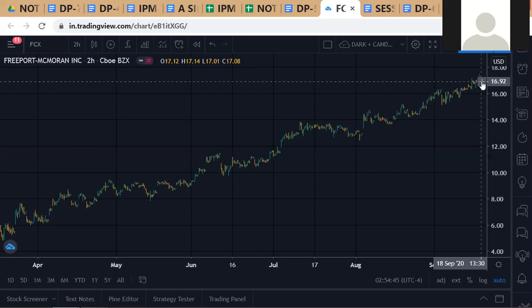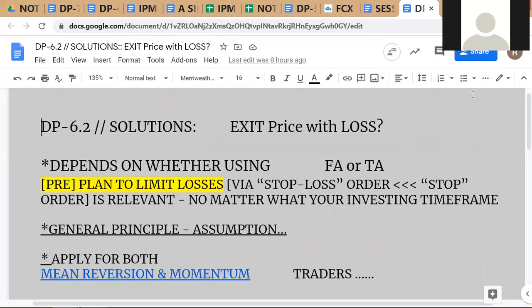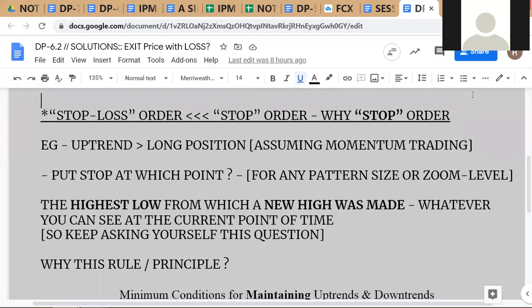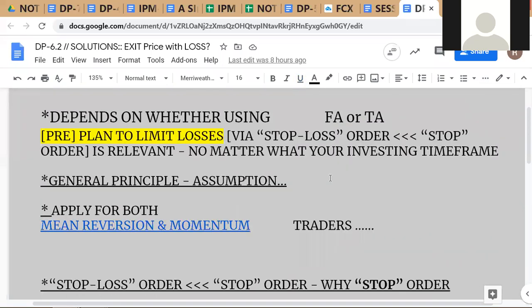So now the general principle, if you see what I have written here in your 6.2, is the general principle we apply, which we already discussed yesterday.